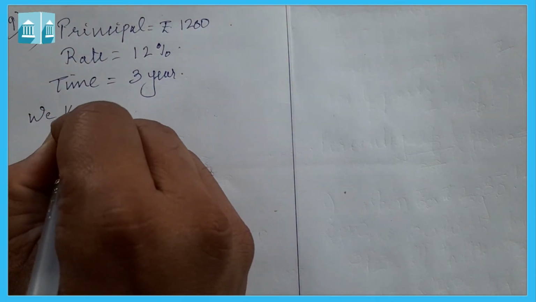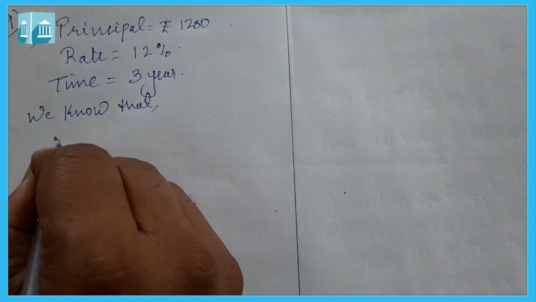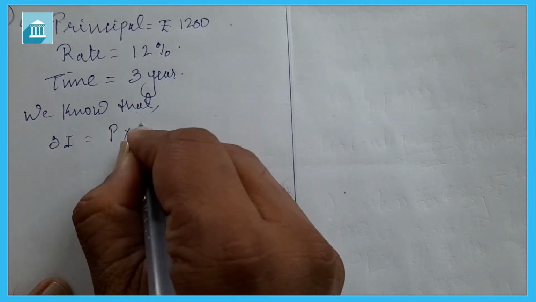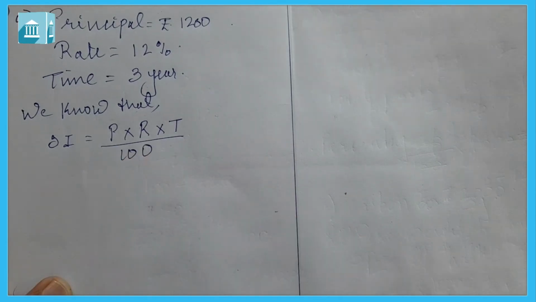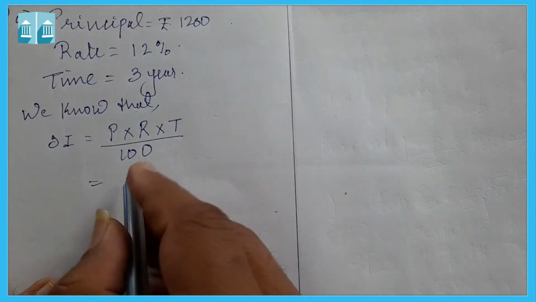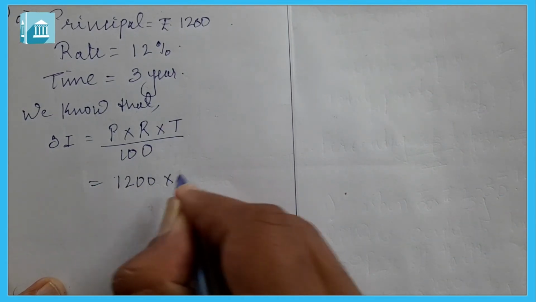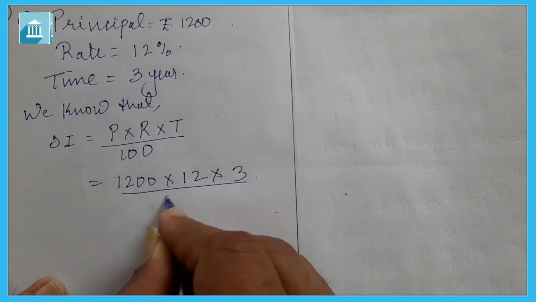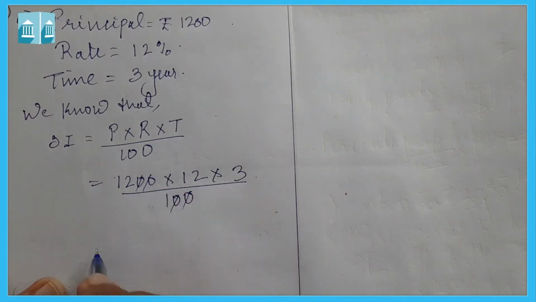We know that SI is equal to P into R into T upon 100, which is equal to P is rupees 1200, R is 12, T is 3, upon 100. Now this and this cut.